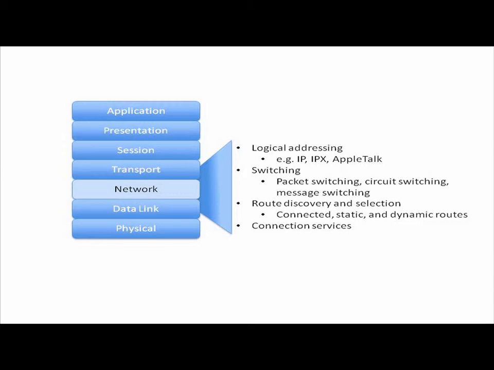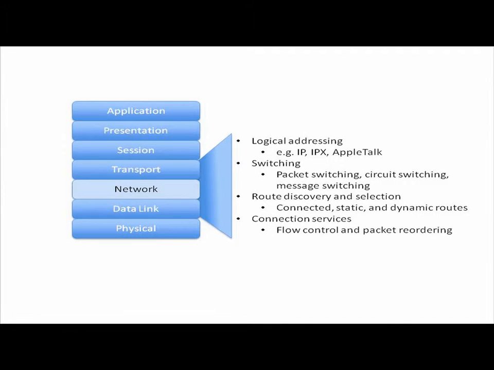Or we could run a routing protocol, something like OSPF, RIP, EIGRP. A dynamic routing protocol can educate the router as to how to reach a destination network. So we've got those three primary ways of learning routes and selecting routes inside of a router. Again, directly attached networks, statically configured networks, or dynamically learned networks.